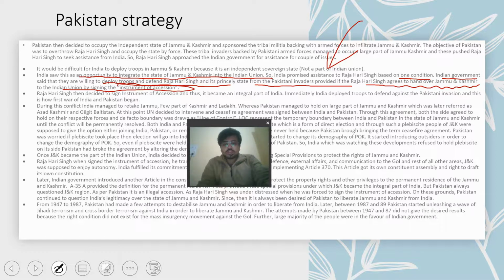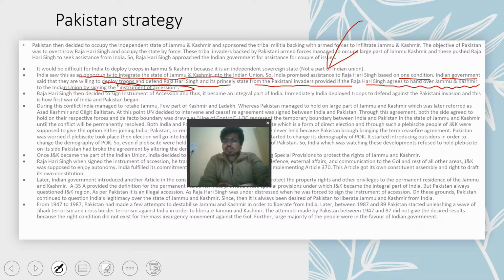Okay, like the instrument of accession in Sikkim and others. Same in that case, India said you have to sign the instrument of accession and Jammu and Kashmir will be included into the Indian Union, then I will be ready to help you.